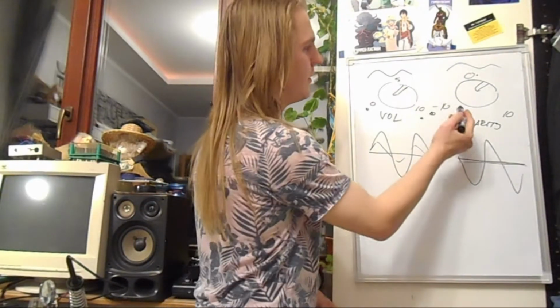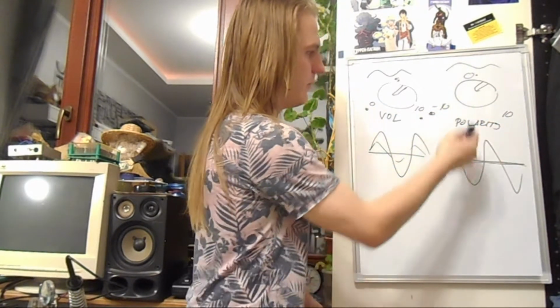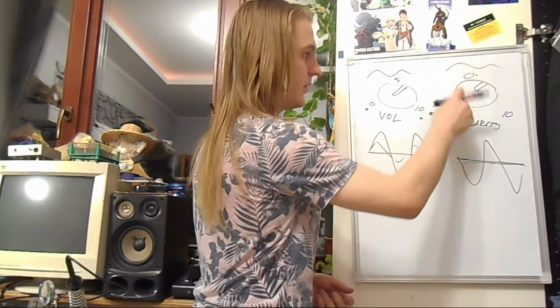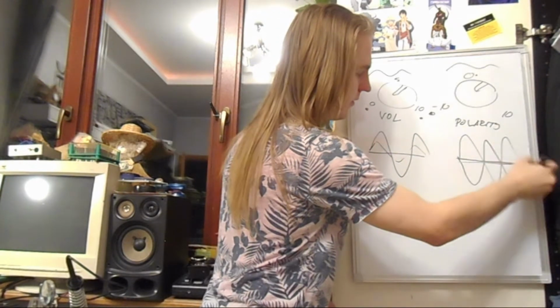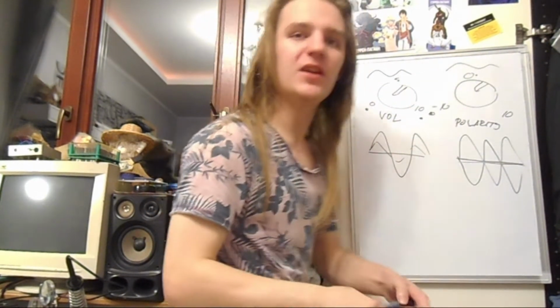So if we dial our knob to 0, which is in between minus 10 and 10, our polarizer would obviously give out nothing. Then when we crank it up to 10, it would give us the sine wave we had in the original input.